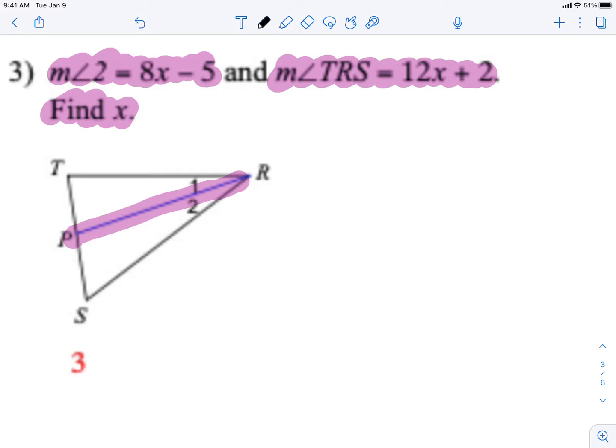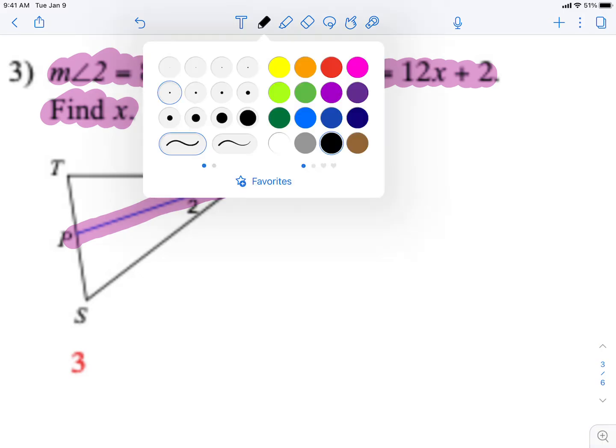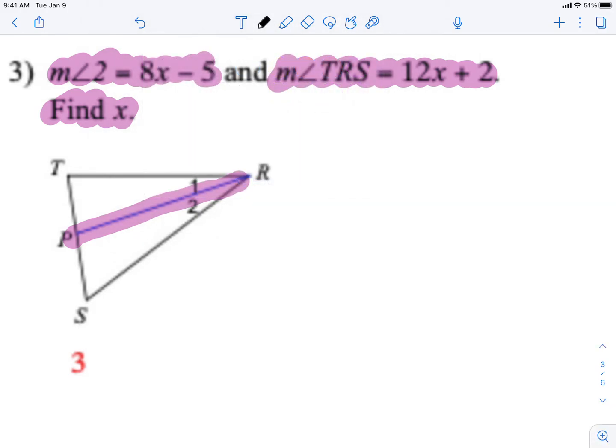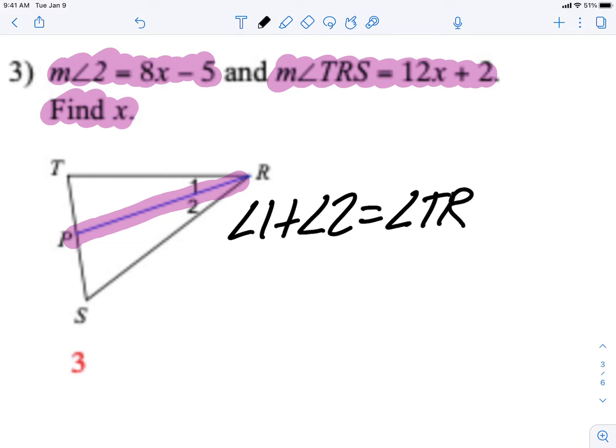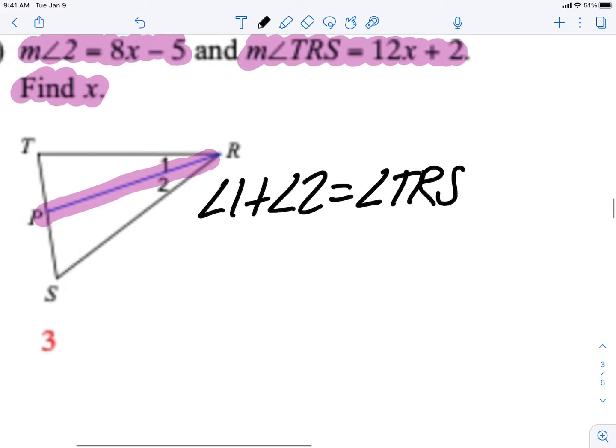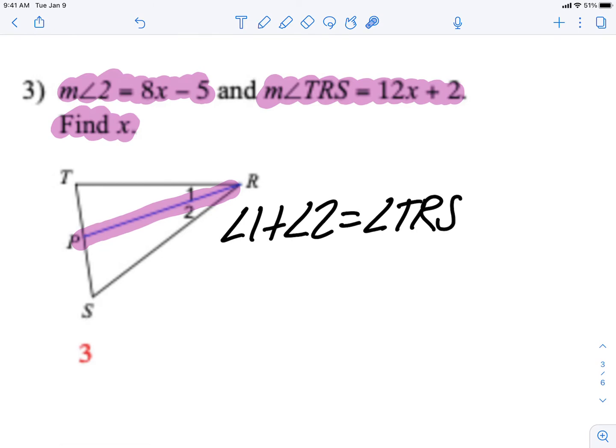So angle 1 plus angle 2 is equal to TRS. Angle 1, well, I don't know what angle 1 is. They don't give us angle 1. But we do know that angle 1 is the same as angle 2.